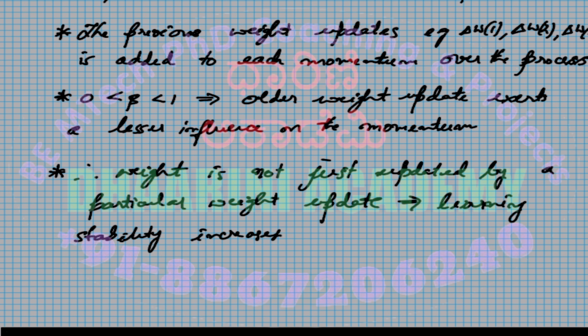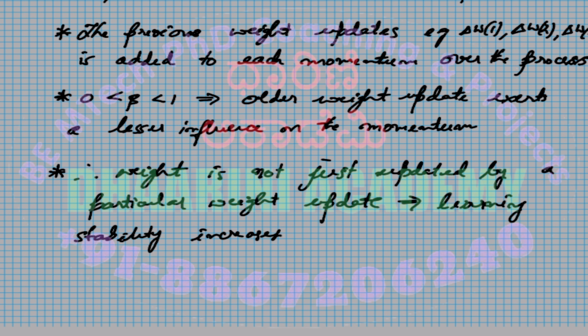As you increase the number of weight updates by giving more data, the momentum grows, so the weight update becomes greater and greater. The learning rate increases as an overall effect of this momentum. Let's add that point over here.